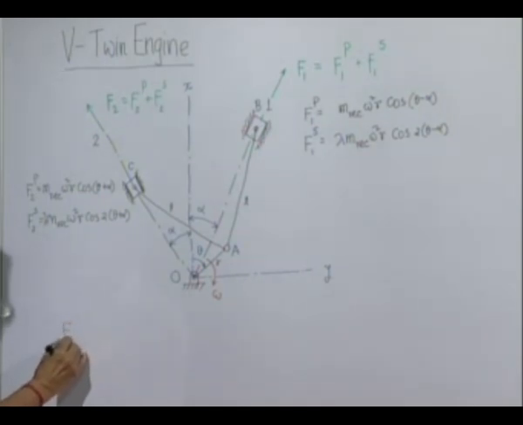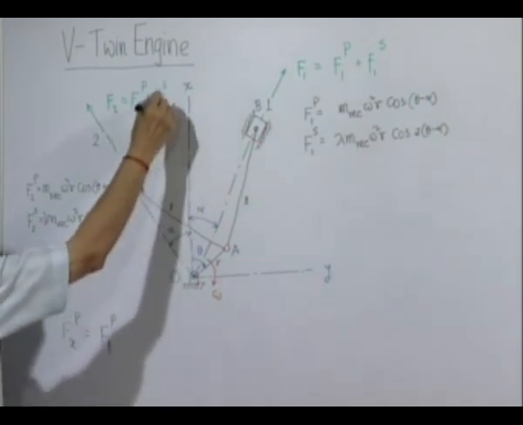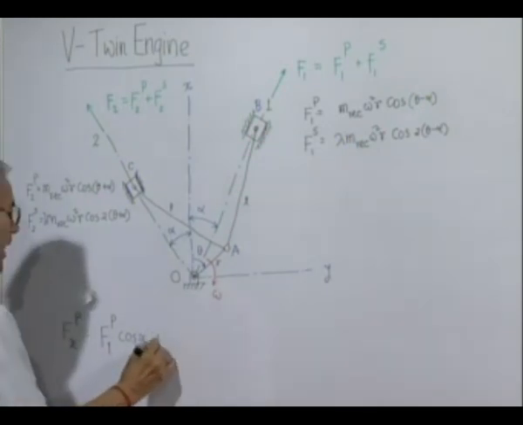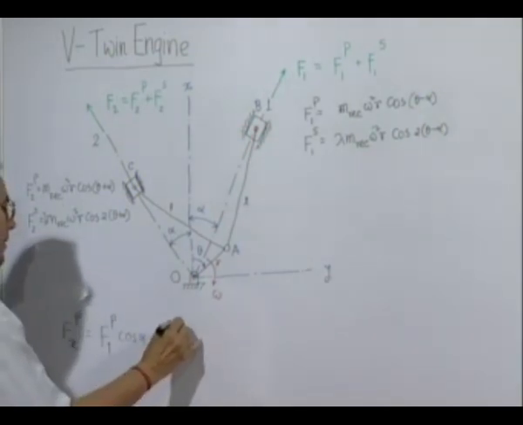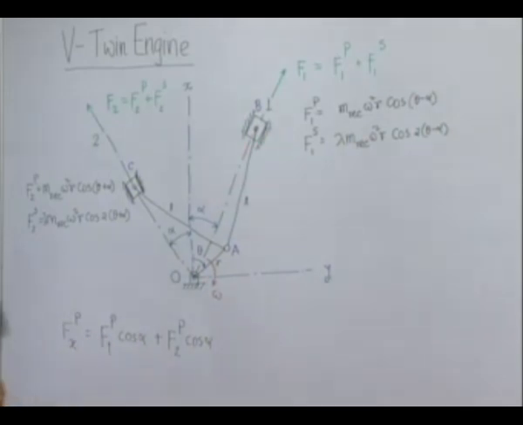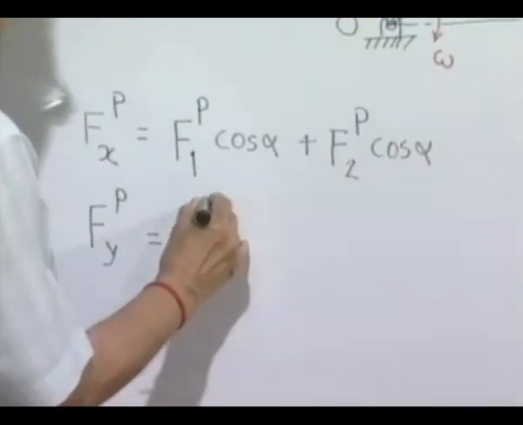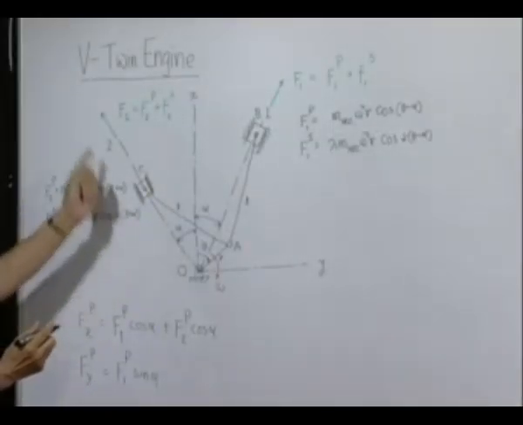So, therefore, F x primary will be nothing but F1 primary, and the component along this of any force along this will be cosine alpha, and we have to add the x component of this force, which is again similar, and the secondary, and the y component will be the y component of this force F1, which is F1 p sine alpha, minus the y component produced by F2.